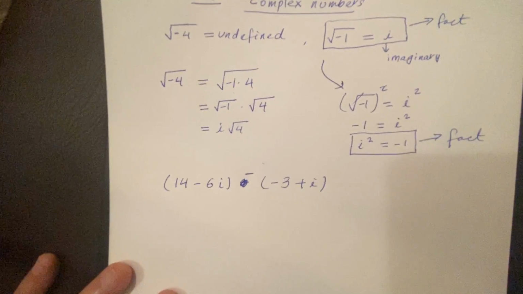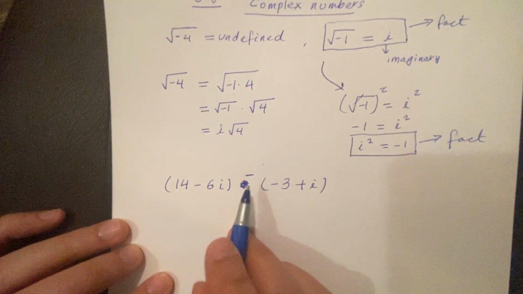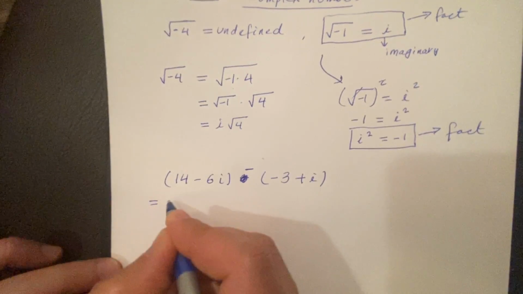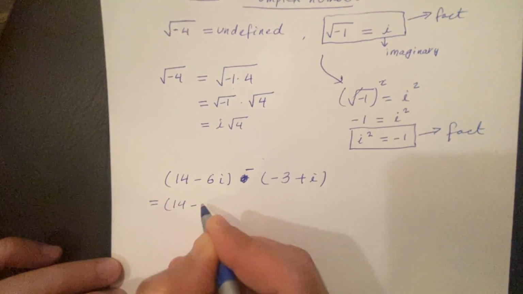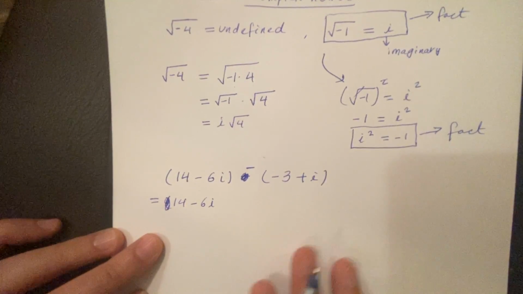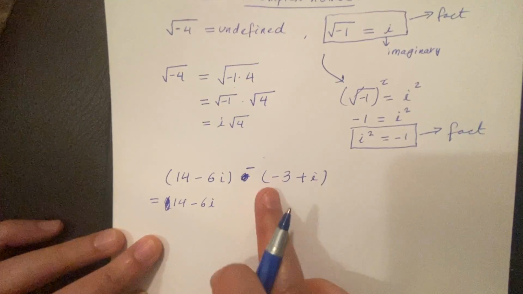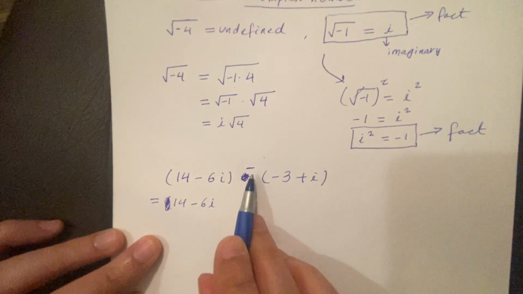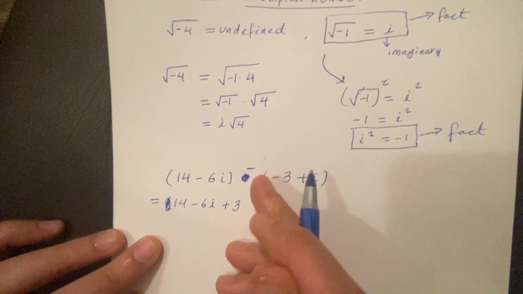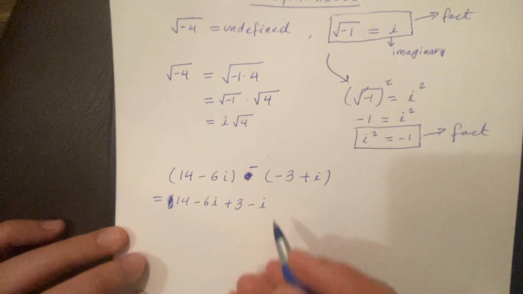So here we are subtracting these two because we have a minus here, right? We don't need this parenthesis, so we can just distribute this negative to these two terms. First, negative times negative 3 is positive 3. Negative times positive i is negative i.